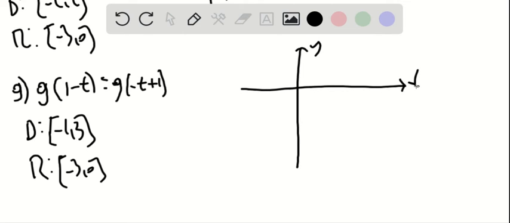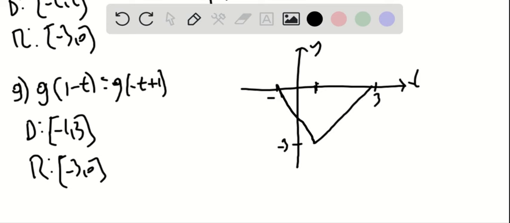We go from negative 1 on the t-axis over to 3. The vertex is at the point 1, down at negative 3, and our graph looks like so. So there is g of 1 minus t, or g of negative t plus 1, if you want to think of it that way.